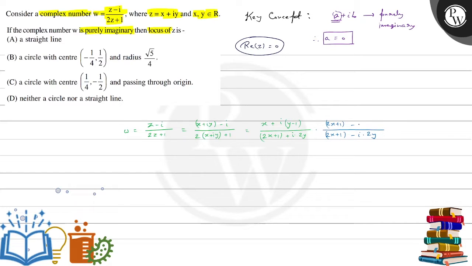So once you do that, you are getting x multiplied by (2x plus 1), then minus iota times x multiplied by 2y, plus iota times (y minus 1) multiplied by (2x plus 1). Of course, minus iota squared will become plus 1 multiplied by 2y times (y minus 1), entirely divided by (a plus b) times (a minus b).